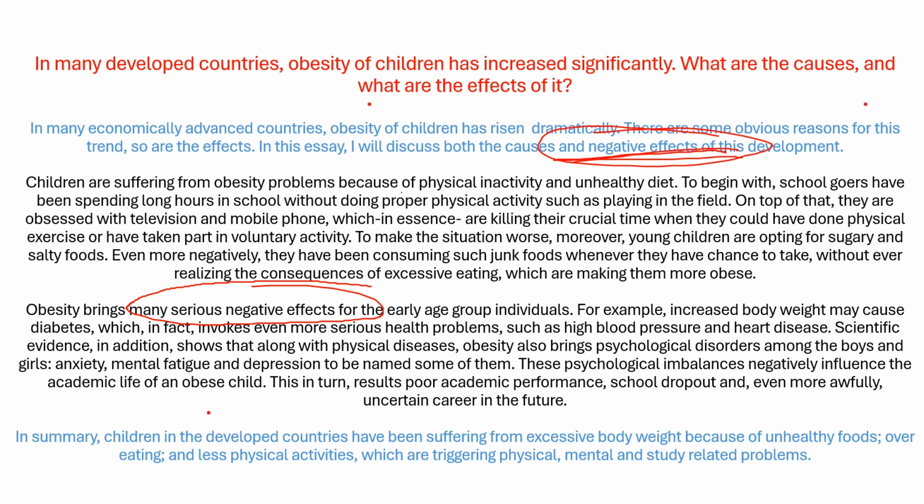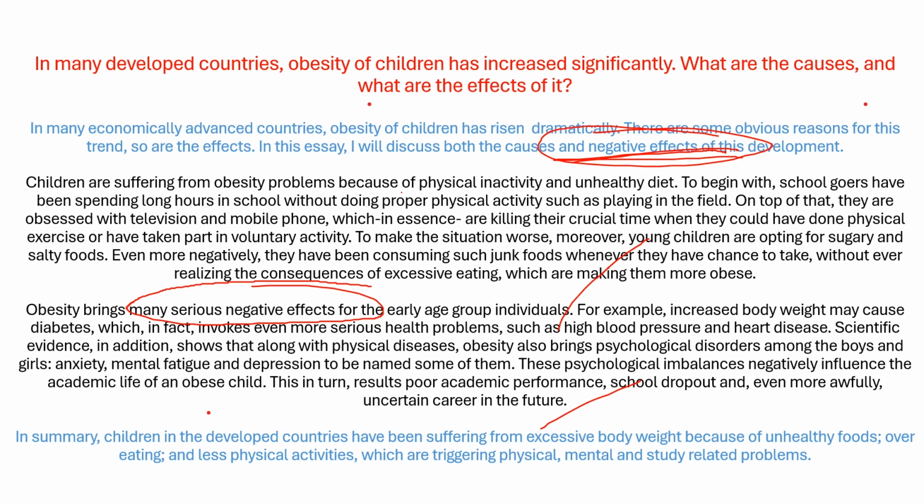So here we will see the explanation, and how the writer has provided it. For example, increased body weight may cause diabetes, which in fact invokes more serious health problems such as high blood pressure and heart disease.